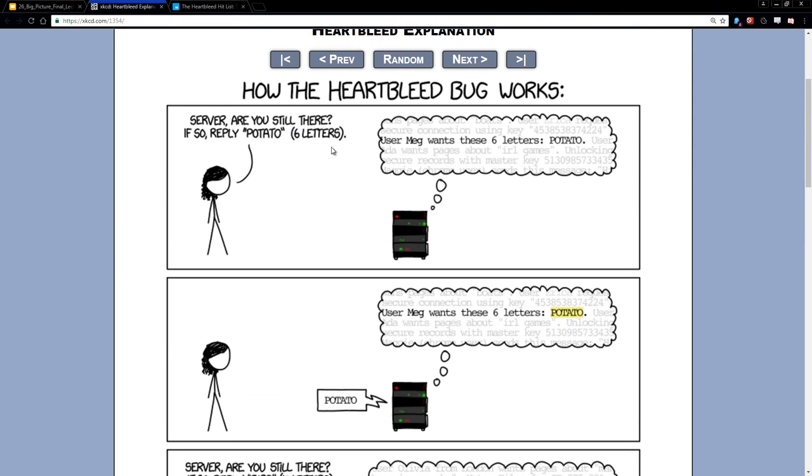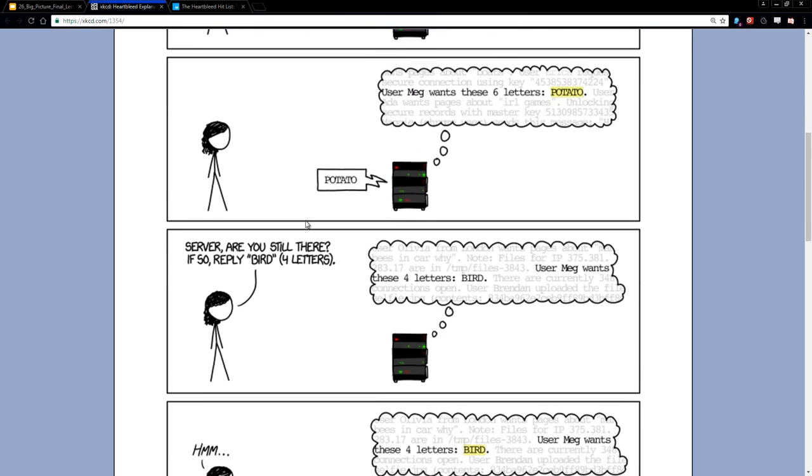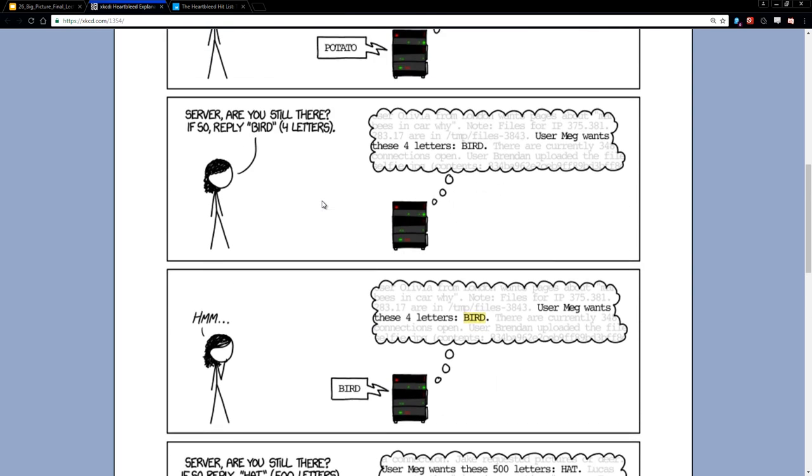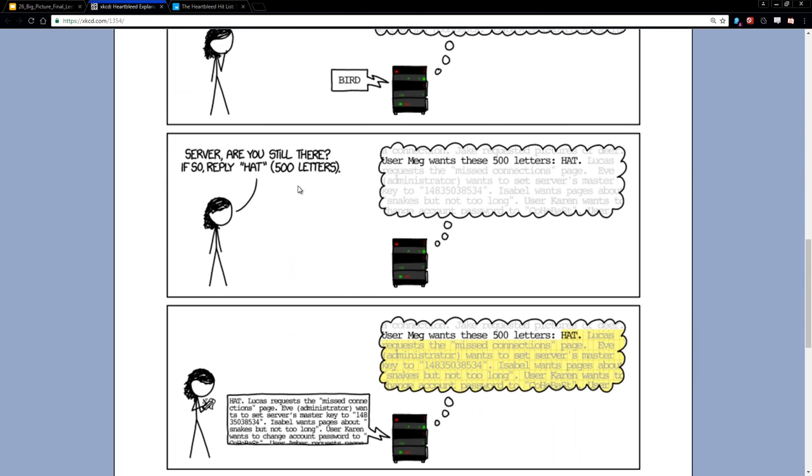But the thing is, you tell it how many letters or characters you want it to respond with, and so you can easily exploit it. And here's just bird, showing that it replies with bird, by telling it a much larger amount of letters, and it will leak all of the adjacent memory. So this is just an info leak bug.